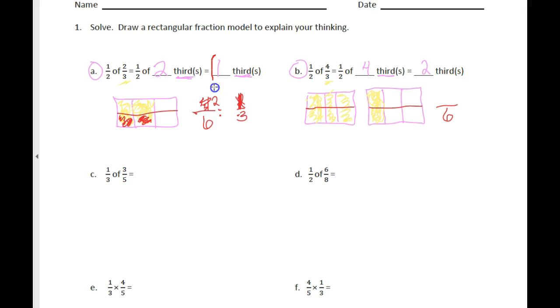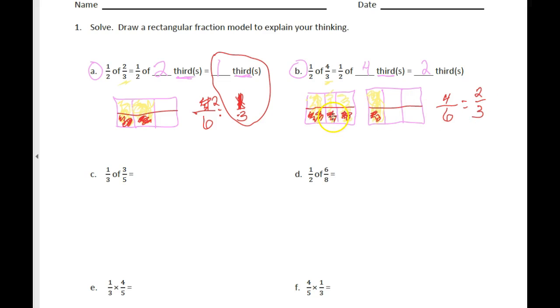So this matches this. This one over here, we're saying we're going to cut it in half, so let's color half. 1, 2, 3, 4/6 gets colored in. And so then when we simplify that, 2 goes into 4 twice, 2 goes into 6 3 times.